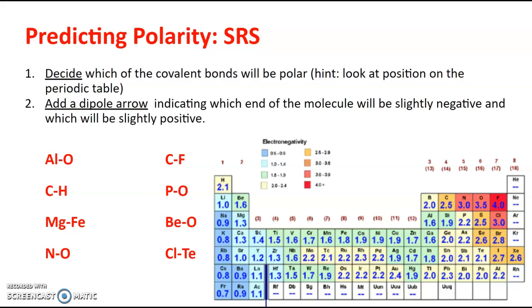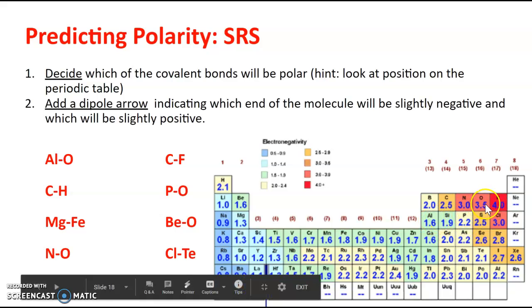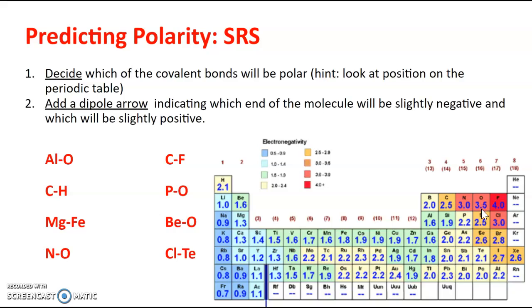On your student response sheet, go ahead and try to predict some polarity, and to indicate what you think, just draw the arrow over the top. So you can predict it by looking at the difference. So for aluminum and oxygen, the 3.5 minus 1.6, so 1.9 is the difference.